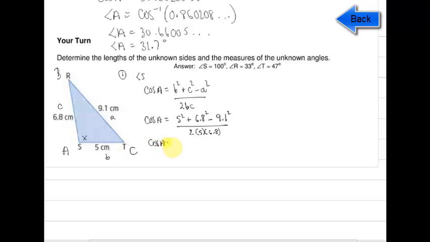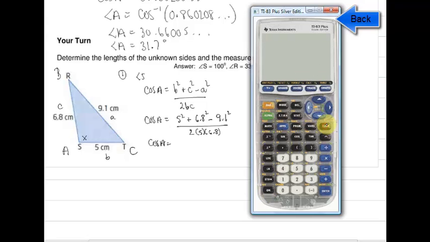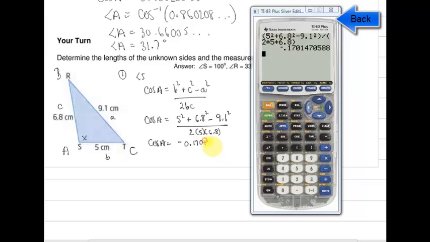Okay, so cos of A equals, clear. Okay, I'm going to put everything in the numerator in brackets, so 5 squared plus 6.8 squared minus 9.1 squared, and divide that by 2 times 5 times 6.8, and I get negative 0.17014 dot dot dot.